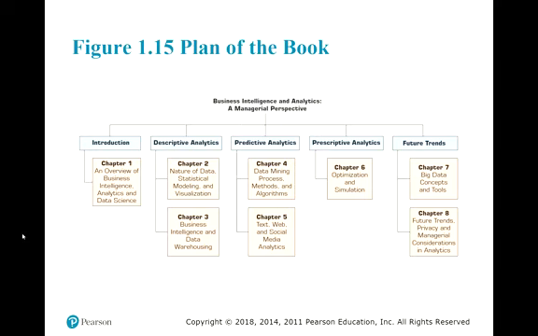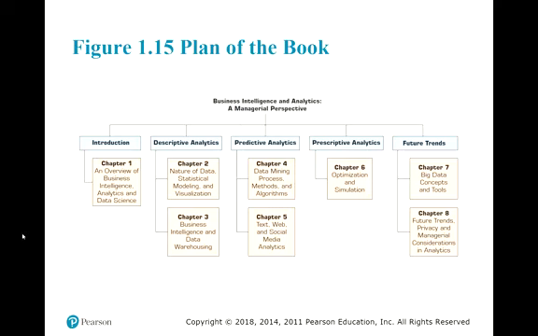Finally, Chapter 1 gives you a summary of what this textbook is all about and how the chapters are organized based on the purpose of business intelligence or business analytics. It is divided into descriptive analysis, predictive analysis, and prescriptive analysis, based on the classification method we saw earlier.